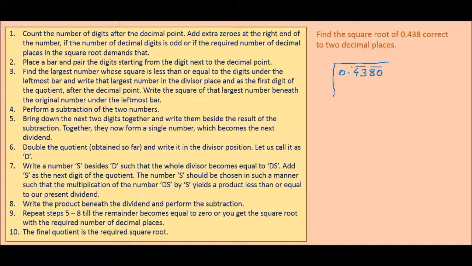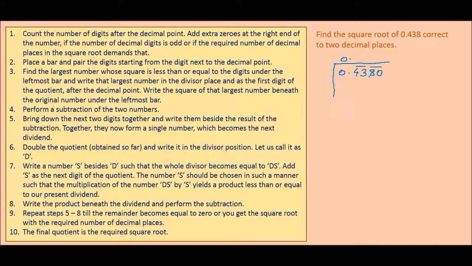Whatever we add will be after the decimal point, so we can safely put a 0 point over here in the quotient place. Now we have to find the largest number which, when squared, gives a product less than 43. 1 squared is 1, 2 squared 4, 3 squared 9, 4 squared 16, 5 squared 25, 6 squared 36, 7 squared 49, which is more than 43.